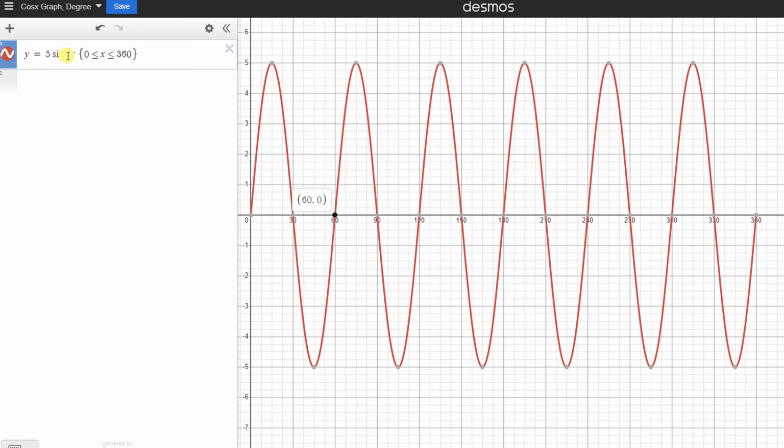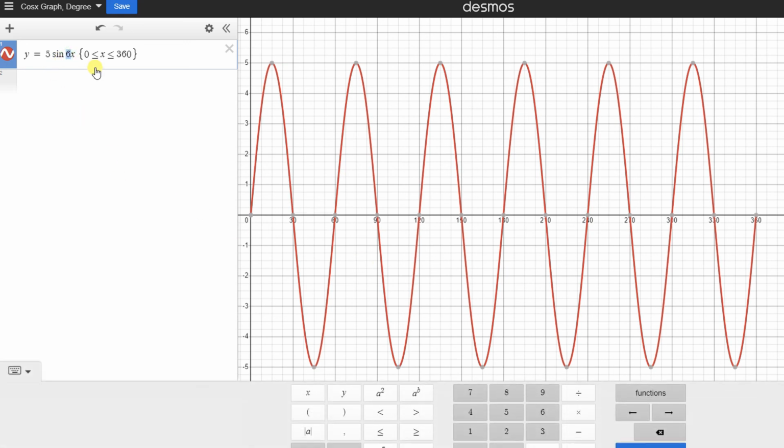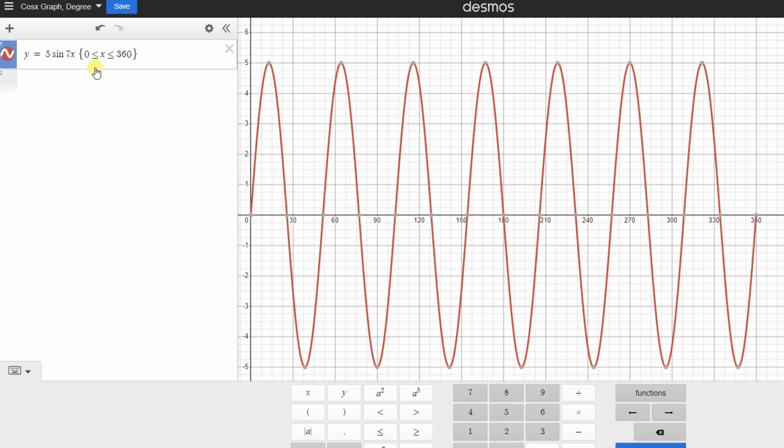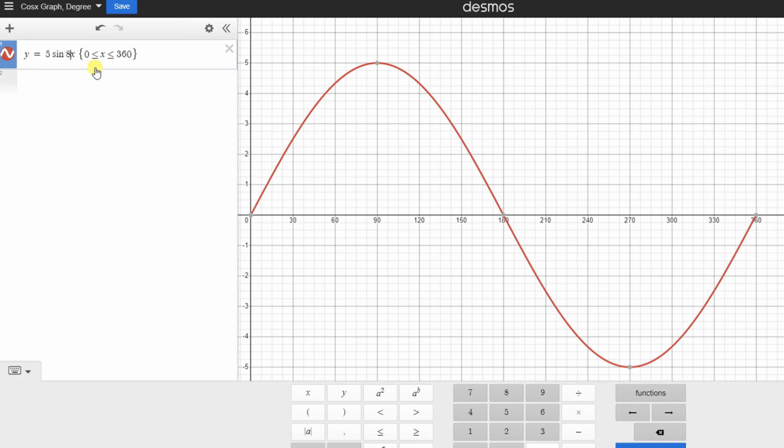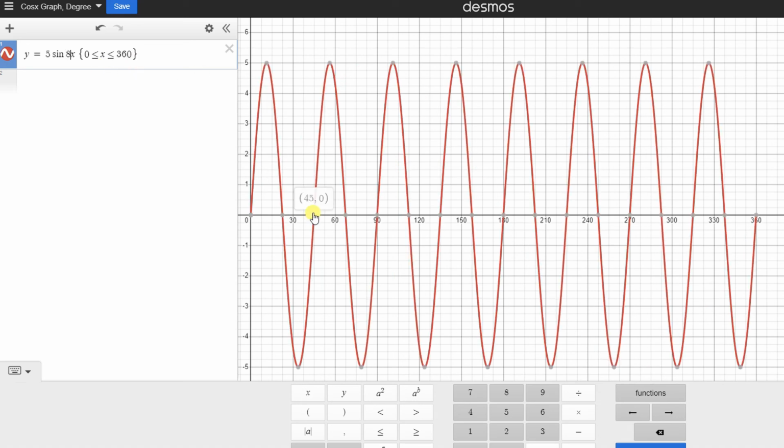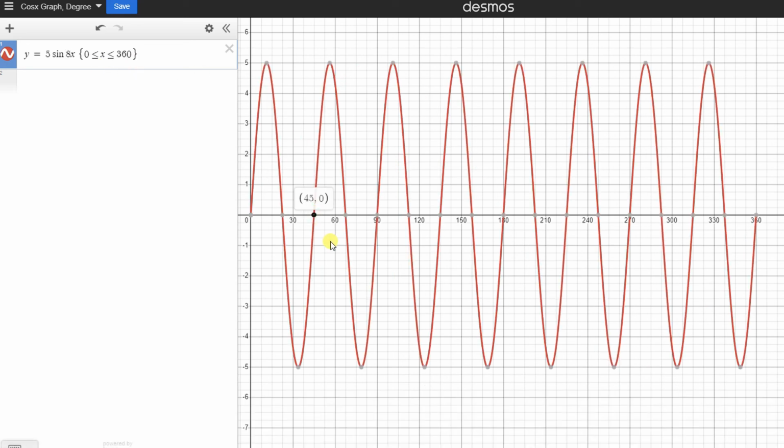Even if I write 7, there are 7 cycles. If I write 8, there are 8 cycles. See, in 45 degrees it completed one cycle, and the second cycle at 90 degrees. 45 comes from dividing 360 by 8. And its amplitude is from 0 to 5.